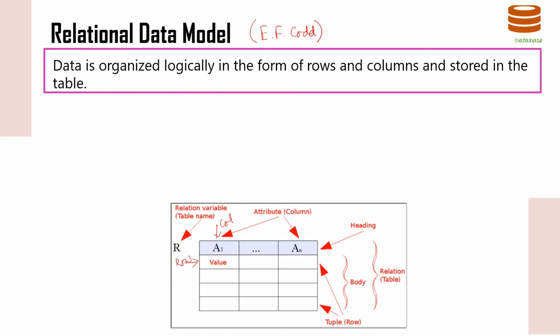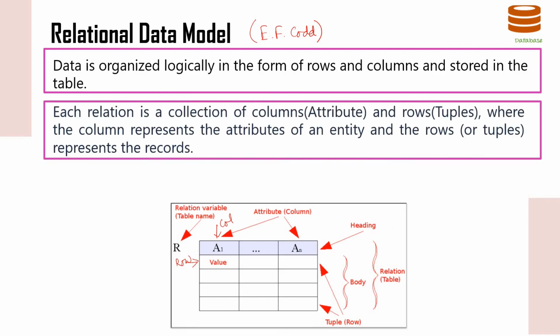Each relation or table is a collection of columns. Thus, columns are also called attributes and rows are also called tuples. The column represents the attribute of an entity. Suppose student is the entity, then the student's roll number and name are attributes, and the tuples represent the student's records.